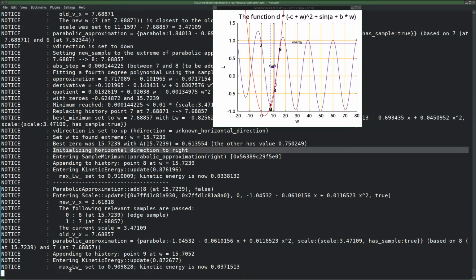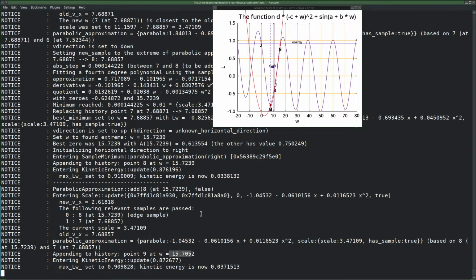And then what happens if the new parabolic approximation has a vertex that is on the left is that it says, I don't want to go that way, so let's just take a little step. So I think that it is going to add a 9, or it already did, which is so little that you don't even see the difference, right? See, 0.9 is added there. What was 8?